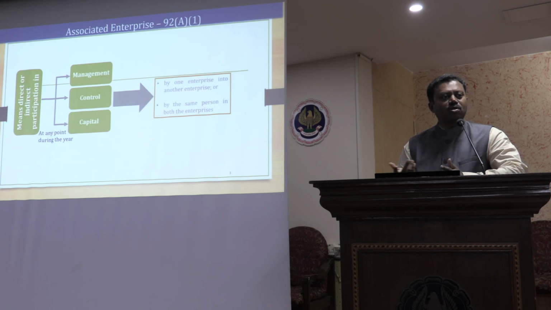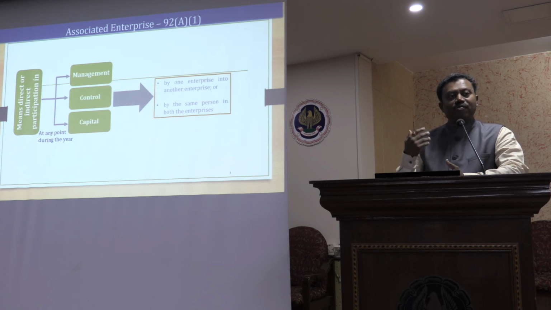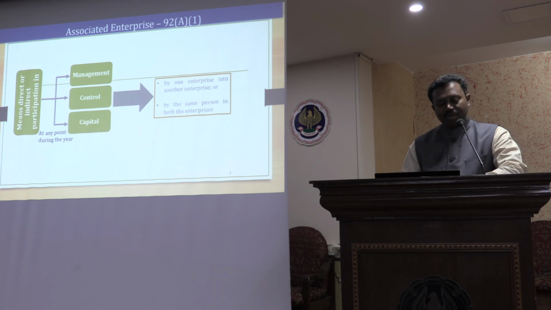Associated enterprises. We do not call it related party, it is associated enterprises. And we are using the word enterprise and not company, because we have to bring under this gambit the individuals, the firms, the LLP, trusts, what all and what not.